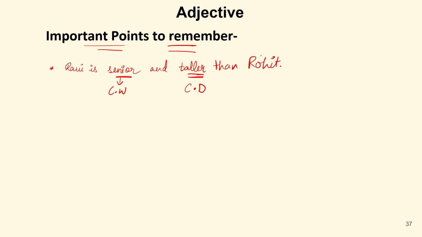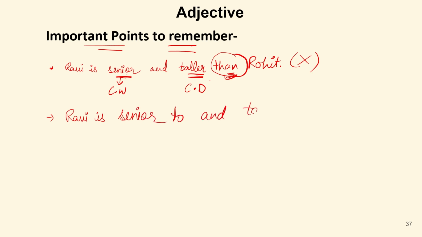And after that, we have a preposition or a conjunction, that is than. Now, with taller we can use than, but with senior, can we use than? No. It means this sentence is incorrect. Why? Because with senior, we need to add to. So the correct sentence will be: Ravi is senior to and taller than Rohit.